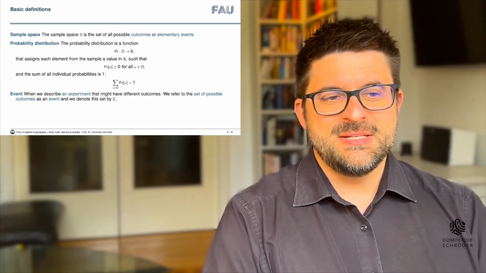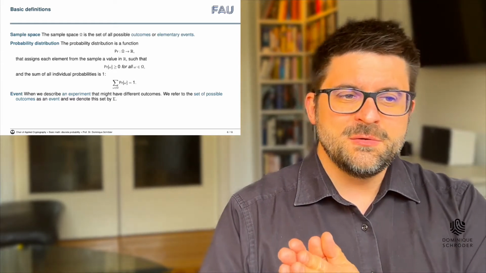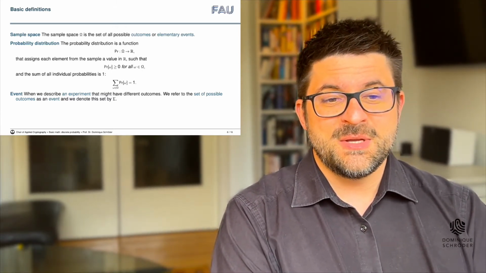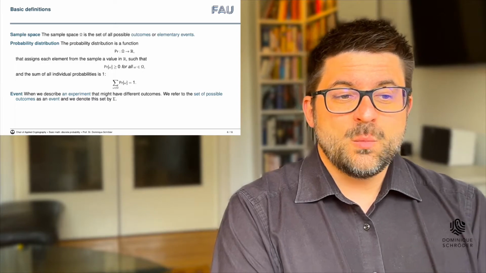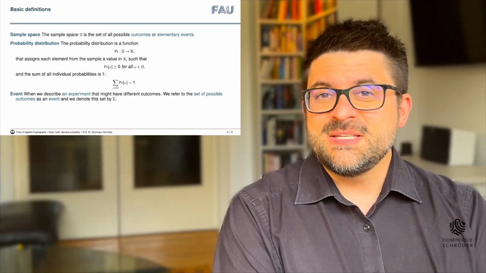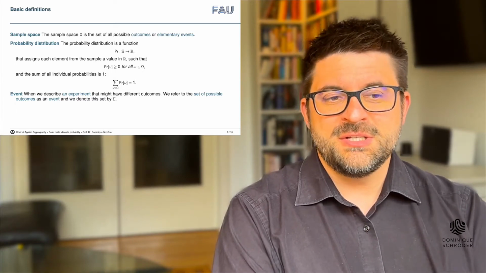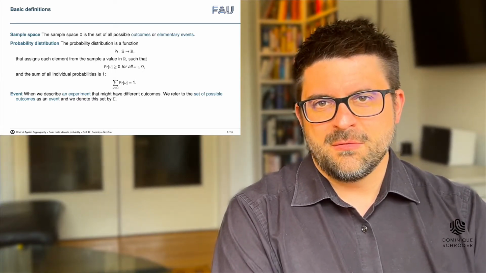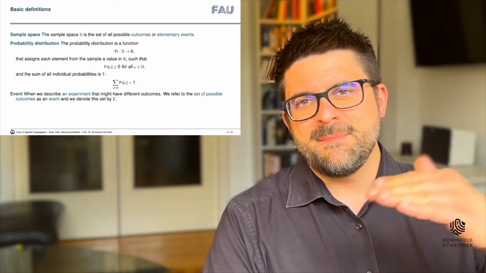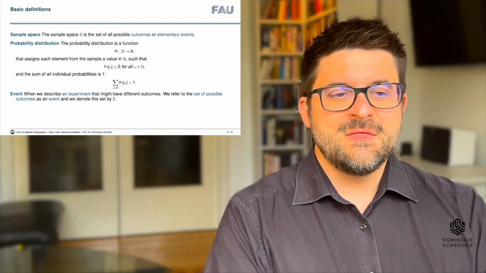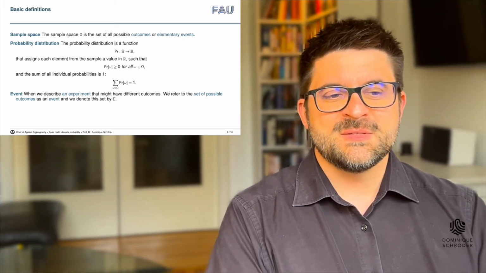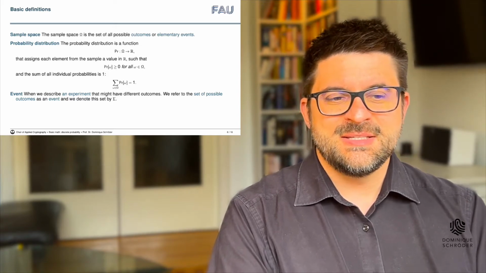And this probability distribution will assign individual events a certain probability. And this is expressed in the function as you can see here. When you look at the individual elements, you will see that all of them, according to our definition, will be greater than or equal to 0, right? There are no negative probabilities in this case. When you sum up the individual events, then the sum of all the probabilities will be 1. And this is expressed with the summation as you can see below.